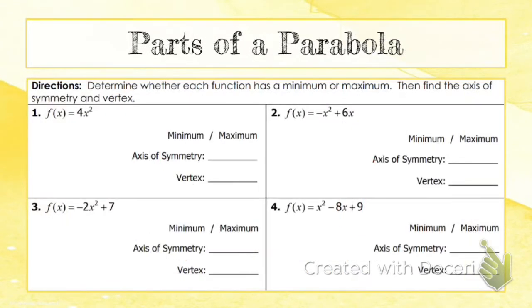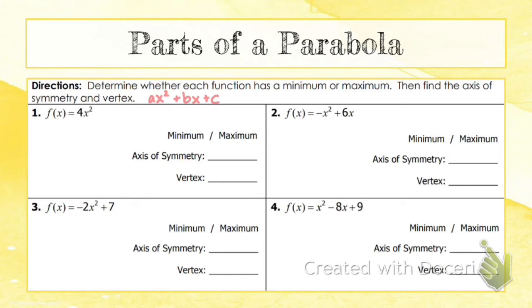So let's look at some examples here. We want to determine whether each function has a maximum or minimum, then find the axis of symmetry and the vertex. So first we want to find if it's a maximum or minimum. Remember that we have ax squared plus bx plus c, so a is the coefficient beside the x squared term.